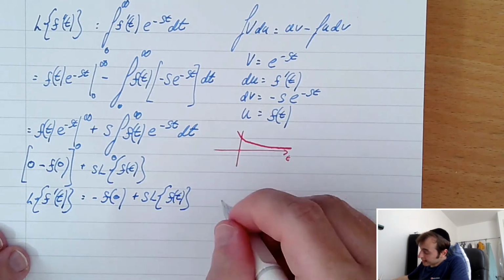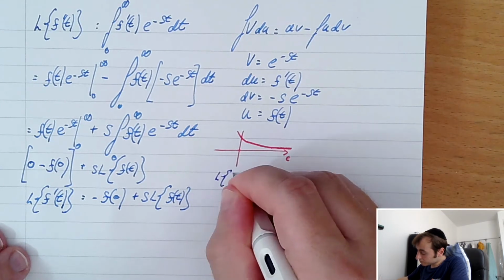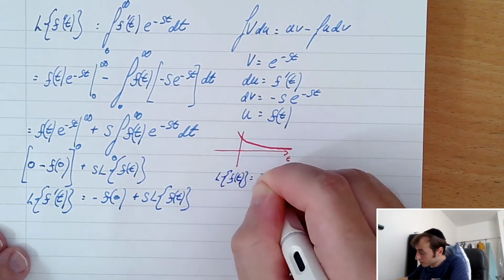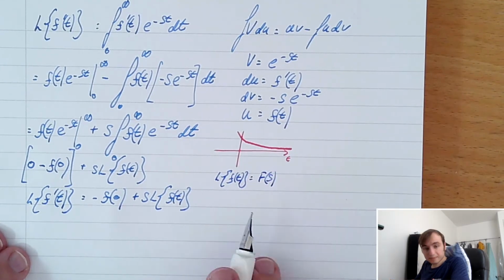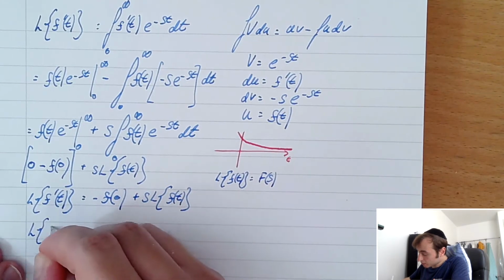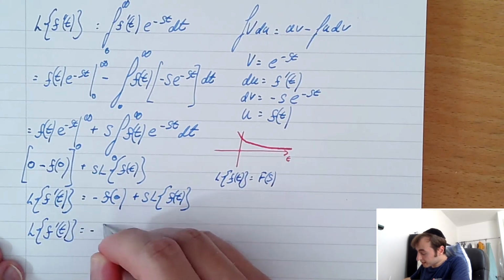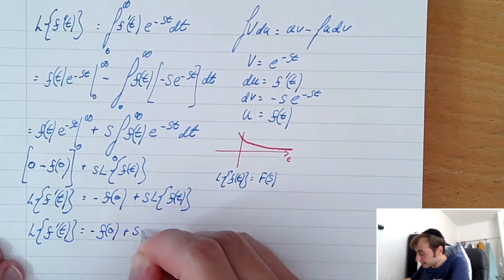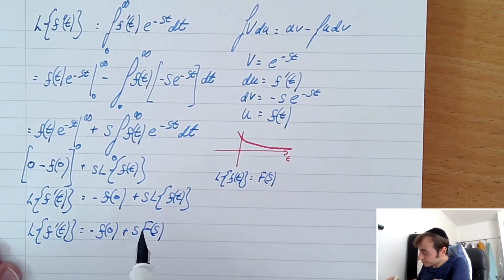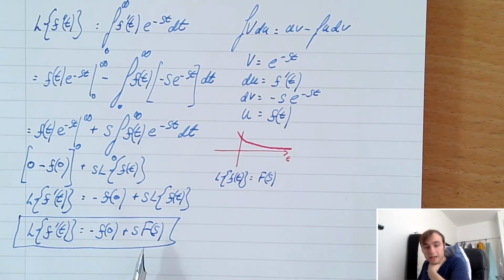And do you remember that we said that the Laplace transform of f of t is denoted as F of s? We said that before. So we can actually say that the Laplace transform of the first derivative of the function is going to be minus f of 0 plus s F of s. And there we go.